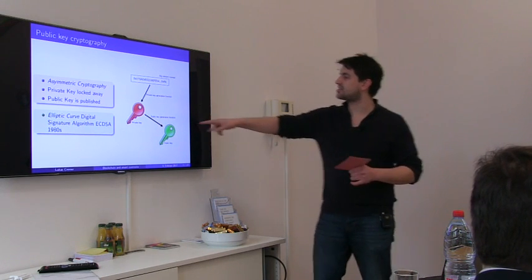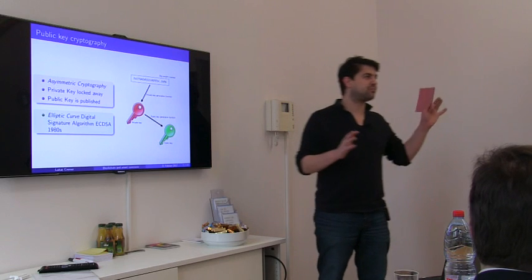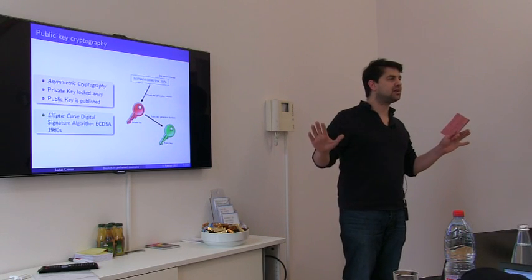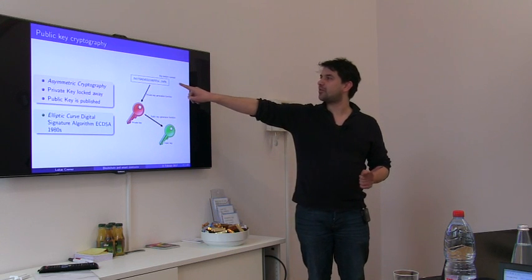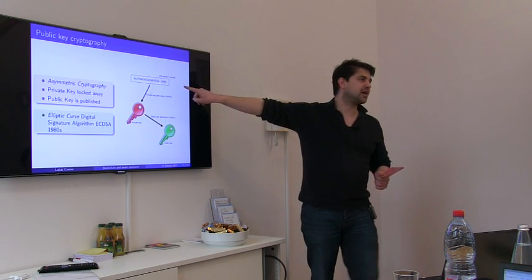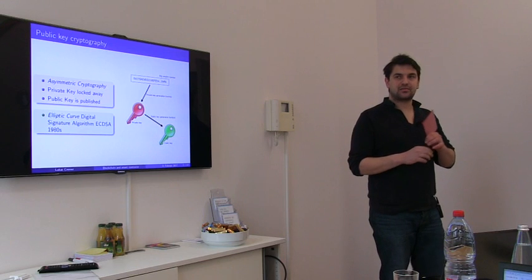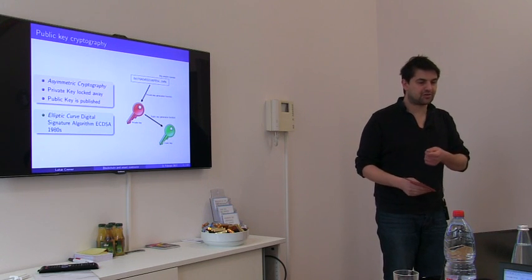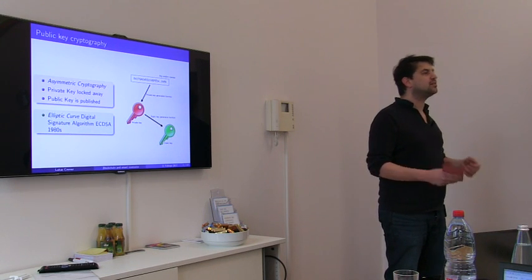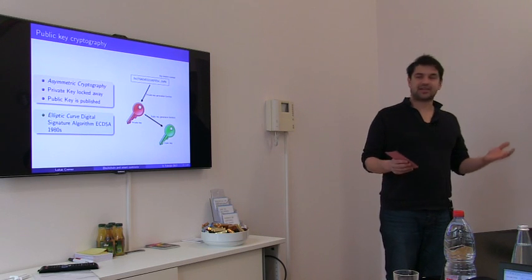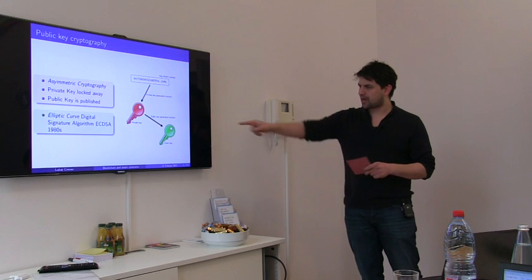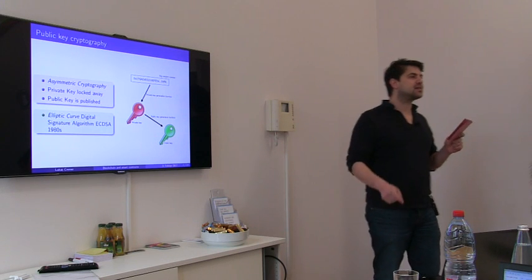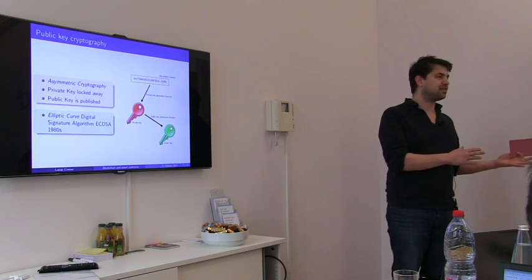And it's important how this key pair, the private key and the public key, is generated from a big random number. So you just use your random number generator, pick a random number, that's basically your private key, and then you have a public key function that makes a public key from this private key.